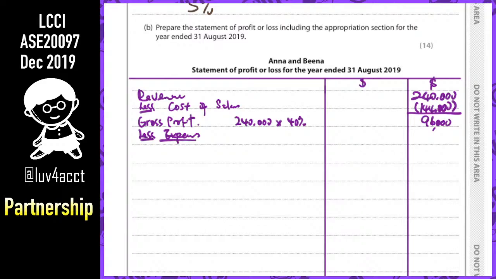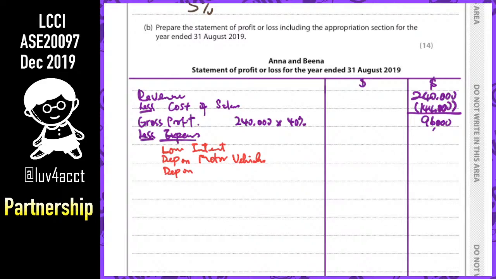Then the next part, we have loan interest. If we follow the order there, after loan interest we have motor vehicles depreciation first, then depreciation on fixtures and fittings.